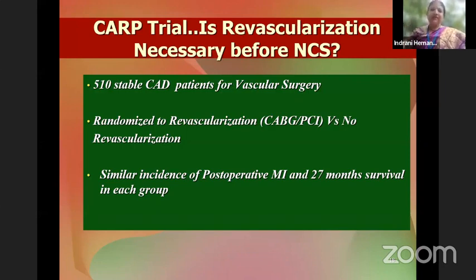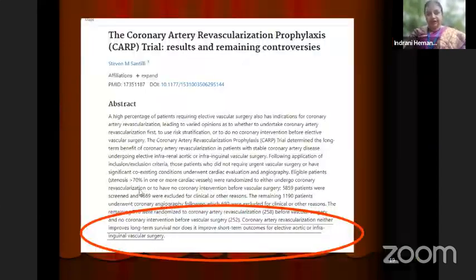They found that there was similar incidence of postoperative MI and 27-month survival in each group, which means the question is, should the patient undergo revascularization before a non-cardiac surgery if there is no difference. So this is the conclusion. Coronary artery revascularization neither improves long-term survival, nor does it improve short-term outcome for elective vascular surgery.